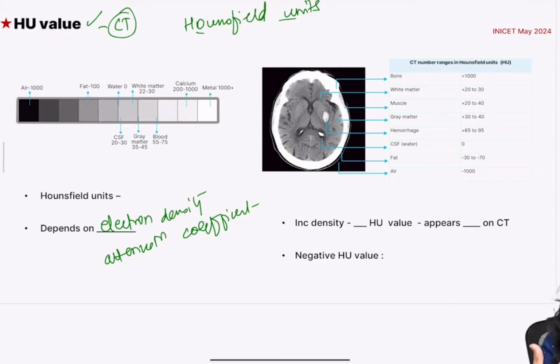A substance which has more attenuation coefficient, it is more attenuating, it will have more HU value. Like we saw in X-rays, bones have maximum attenuation, so they have a high HU value, right? So in simple terms, less dense substance, less HU value. More dense substance, more HU value.